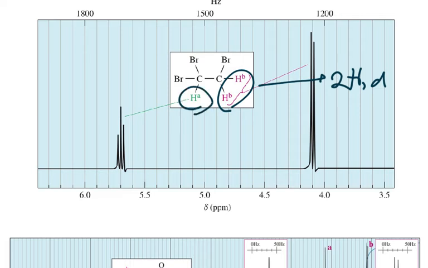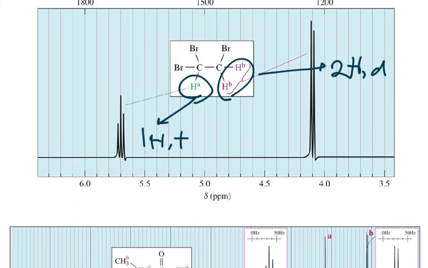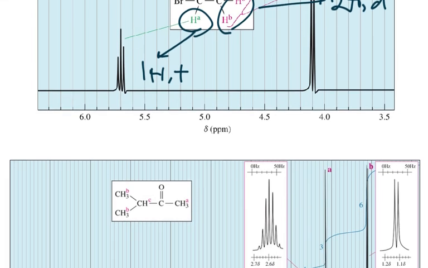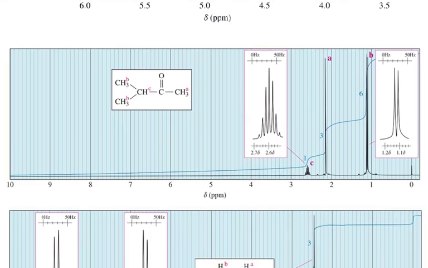And then this one has 2 non-equivalent neighbors, so it's going to be a 1 hydrogen triplet, because 2 + 1 is 3, triplet. And then this one, the 1 hydrogen is more deshielded because of the 2 bromines on that carbon, whereas the other 2 only have 1 bromine on that carbon, which explains the difference in the ppm.